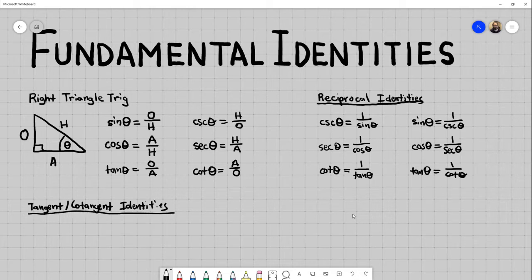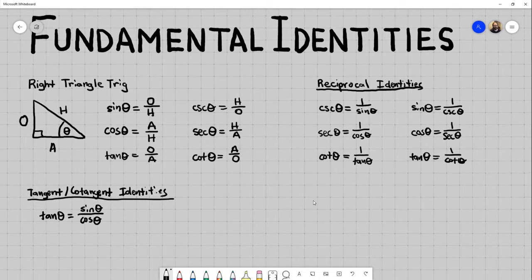The tangent identity says that tangent of theta is equal to sine of theta divided by cosine of theta. So let's look at that real quick and see why it's true. If I take sine of theta, that would be opposite over hypotenuse, divided by cosine of theta, which would be adjacent over hypotenuse. So again, this is sine of theta over cosine of theta.